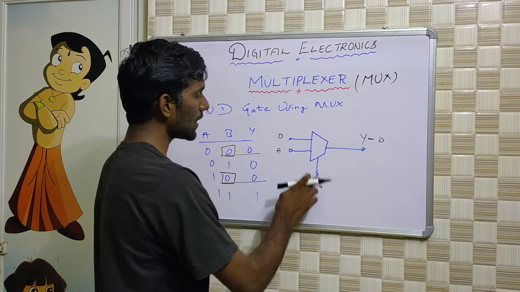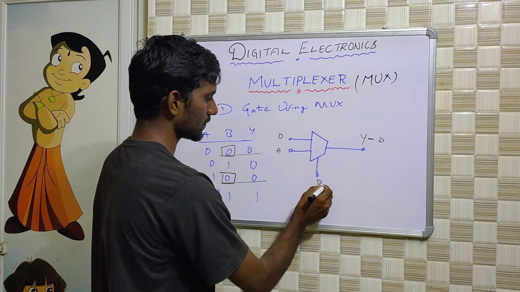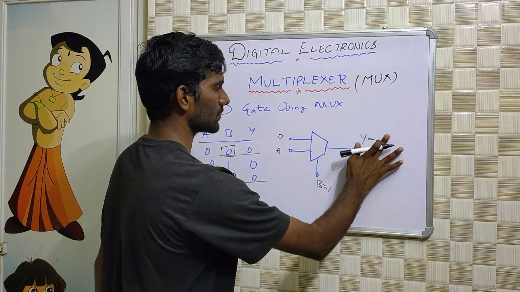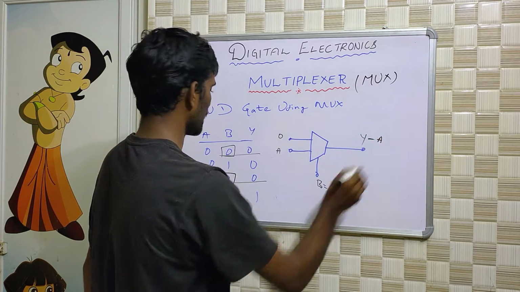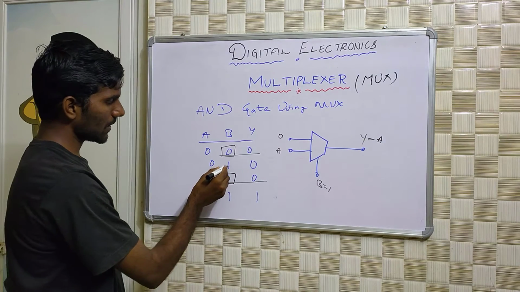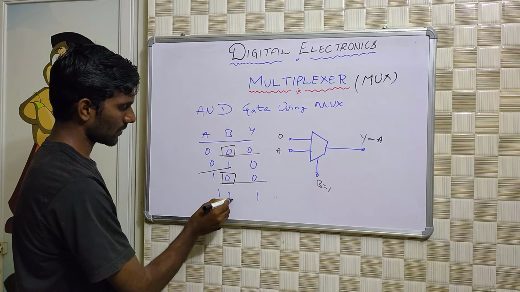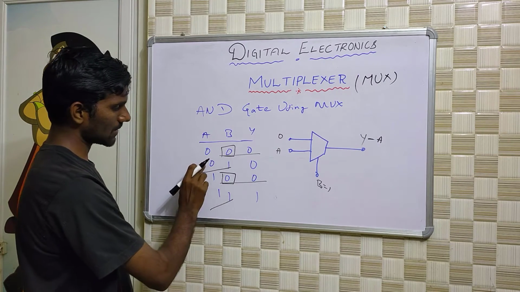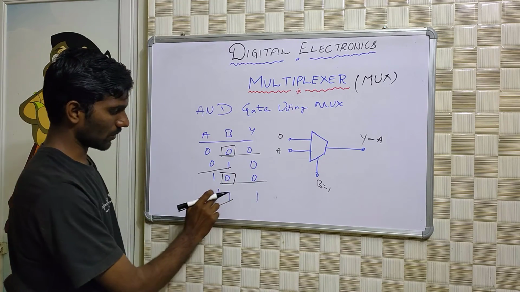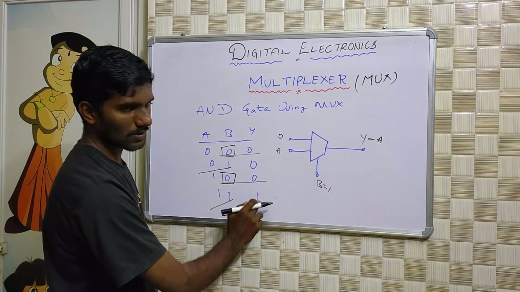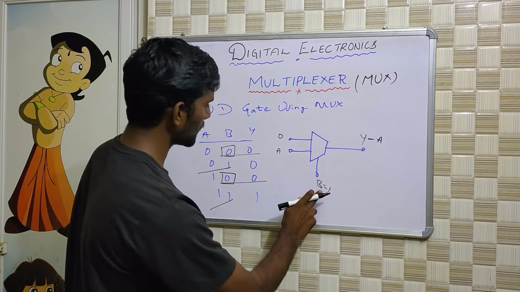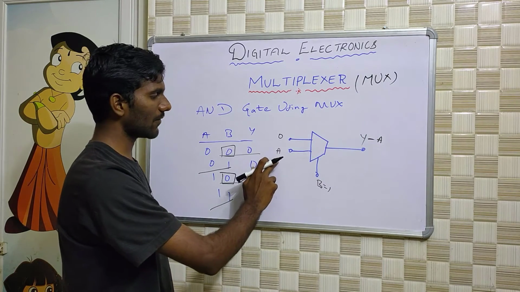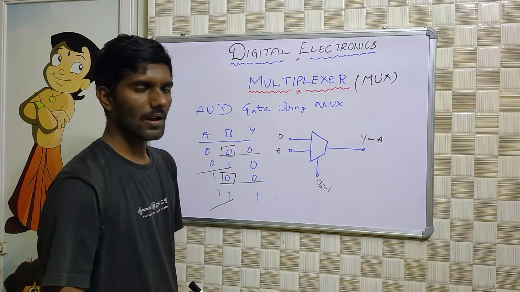If I take B as 1, then output should be A. So here A is 0, output is also 0. Here A is 1, output is also 1. So whenever we take B as 1, the output should be A.